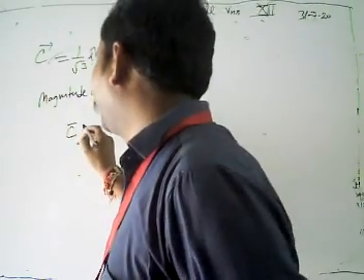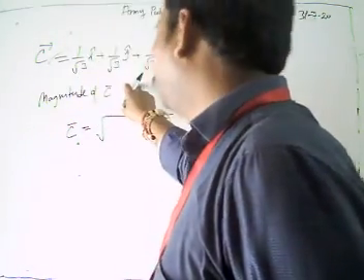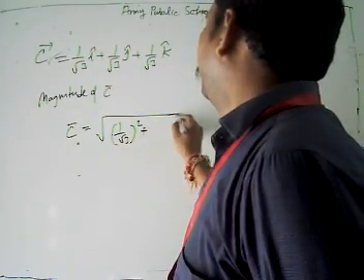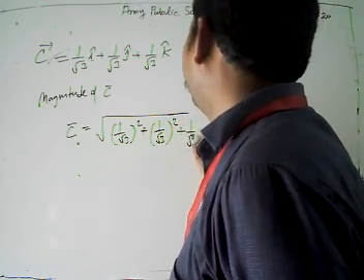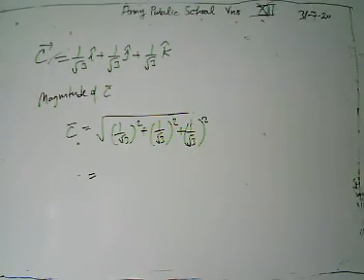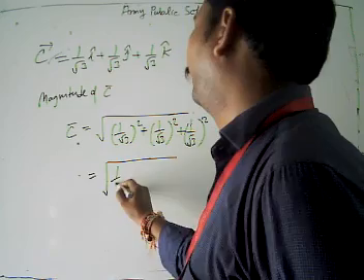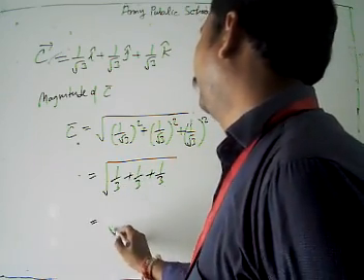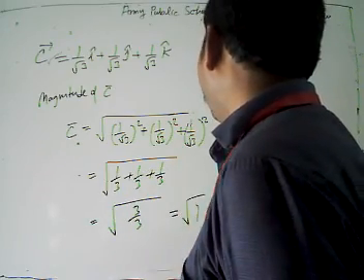Magnitude of vector C is given by under root x square plus y square plus z square. Here x square is (1 by root 3) whole square, plus (1 by root 3) square plus (1 by root 3) square. That is 1 by 3 plus 1 by 3 plus 1 by 3, which is 3 upon 3, and the square root of 1.